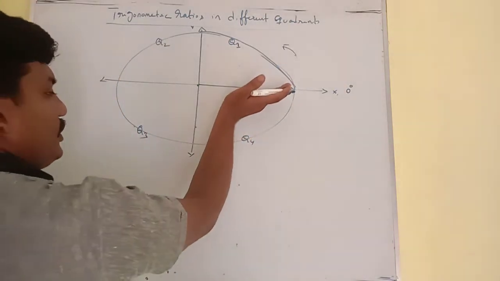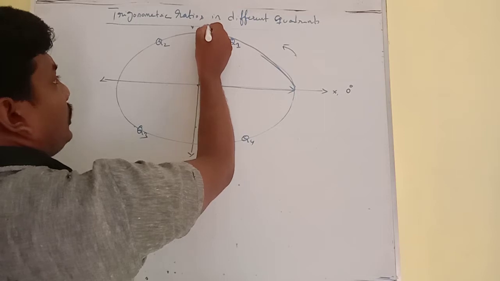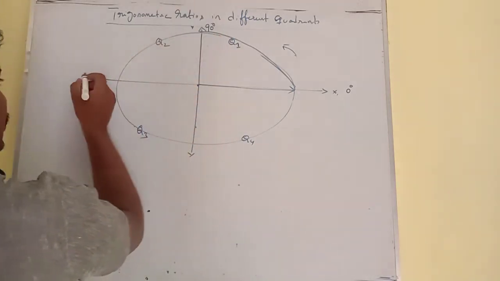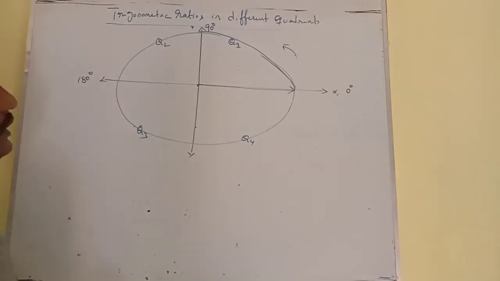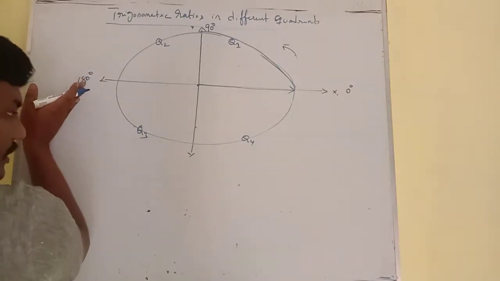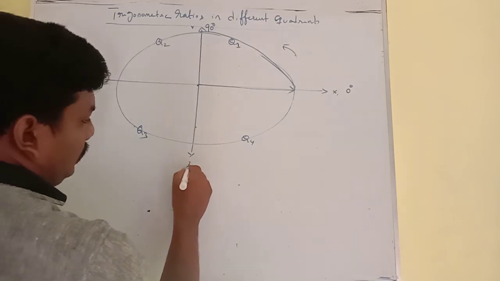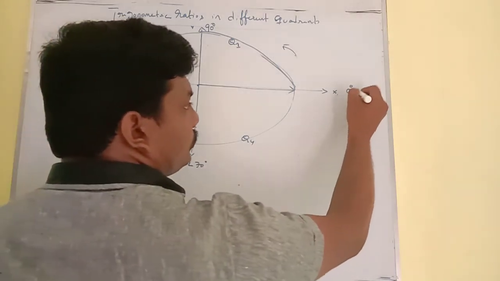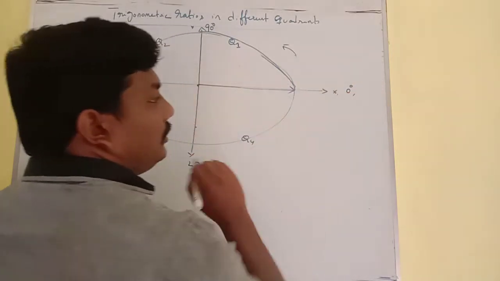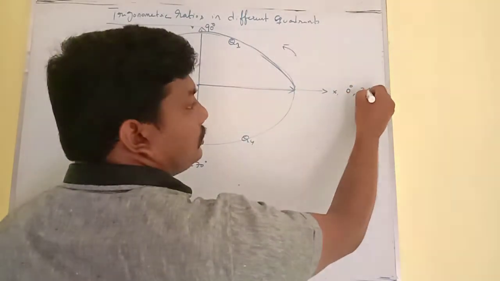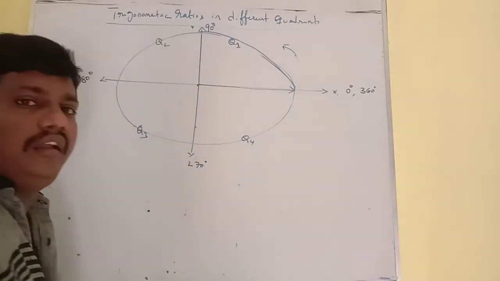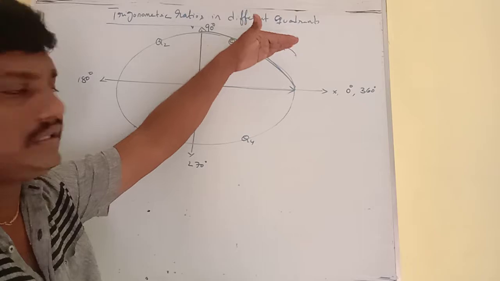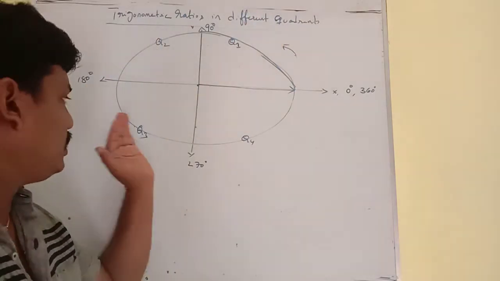When it reaches the y-axis, it becomes 90 degrees. From the y-axis to the negative x-axis, it is 180 degrees. When it reaches the negative y-axis, it becomes 270 degrees. And when it reaches the initial position again, that is one complete rotation, which is 360 degrees.